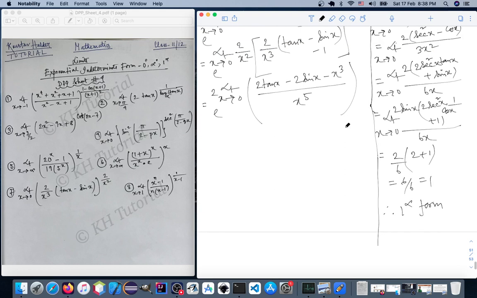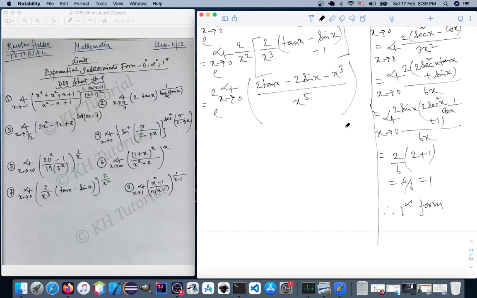Now it's better to use the expansion series formula of tan x and sin x. It will be easier to solve. We could have also used L'Hopital's rule, because this limiting function has the form 0 by 0. But since we have x to the power 5, it will take a lot of steps to finally get the answer.